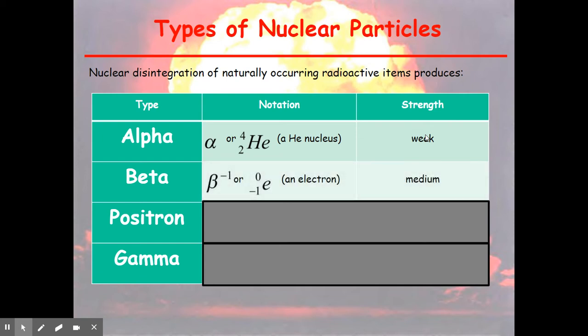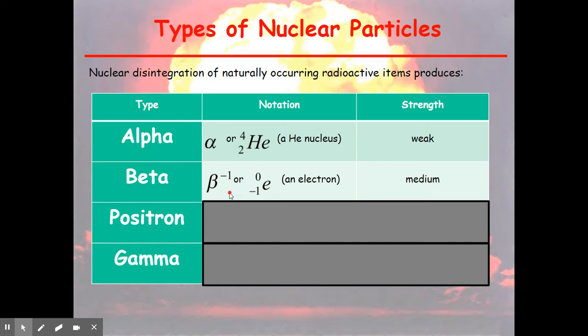A beta particle has the beta symbol, or the beta letter, and they can put the -1 up on here, or they write it as 0, -1 E, or you can write it as 0, -1 beta. Basically, a beta particle is a high-speed electron.